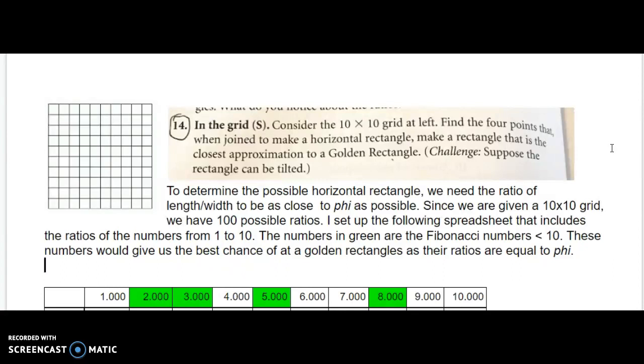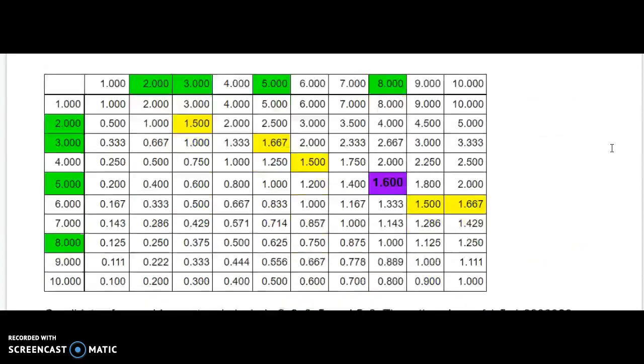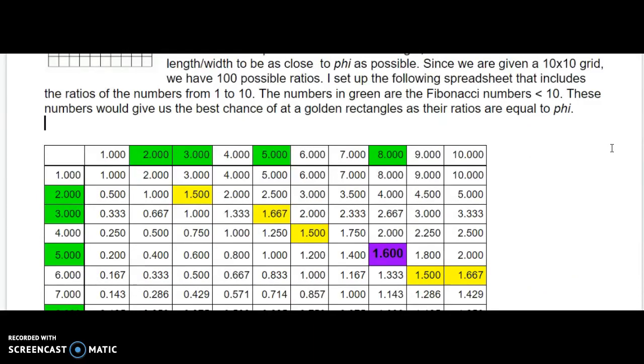So I set up the following spreadsheet where I divided the numbers between 1 and 10 by the other numbers of 1 to 10 to get my ratios, and began to see a pattern where, if we're talking about phi and golden rectangles, that means we're talking about ratios that correspond to the Fibonacci numbers.